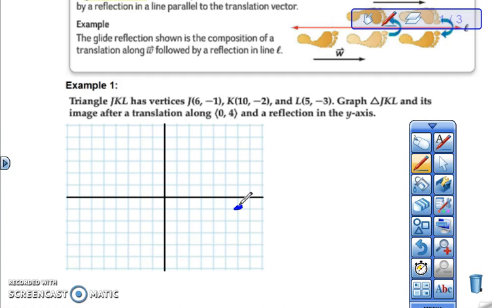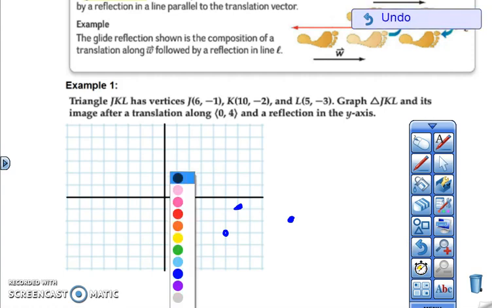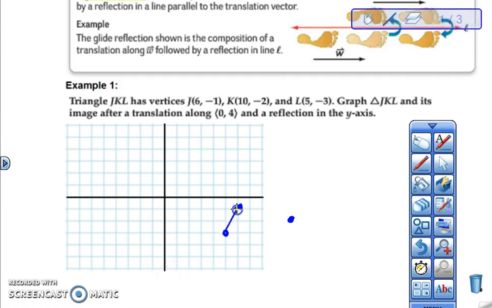We need 10 and then -2, like over here. And then we need 5 and -3. All right, so here is our initial triangle. Let's get that in blue. And there we go. So again, we need to transform it twice.